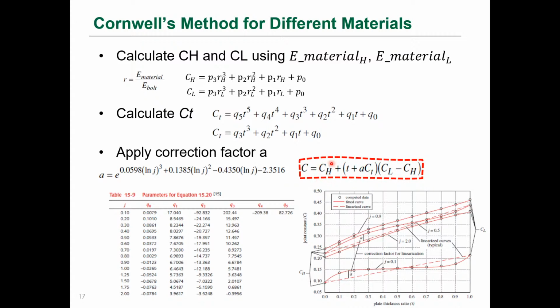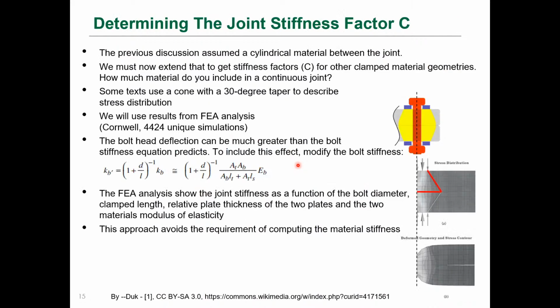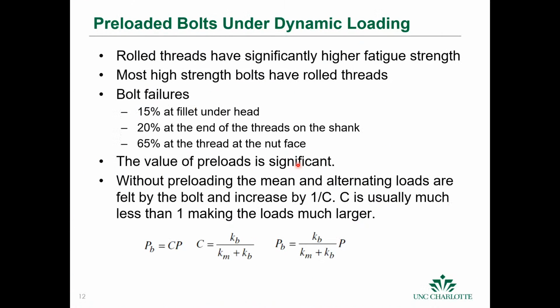You calculate your CH, which is right here, and then you calculate your CL and your CT and your correction factor, and you plug those in, and then you come up with an equation for your joint stiffness. And that C is that value here that we use here for the joint stiffness.